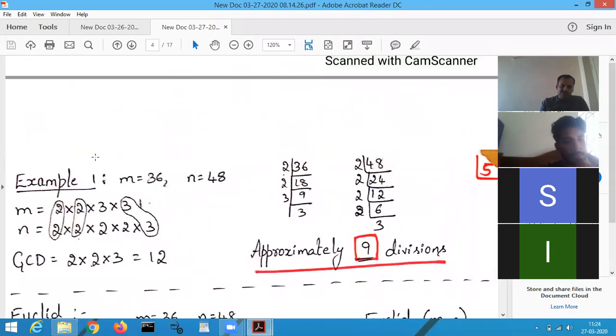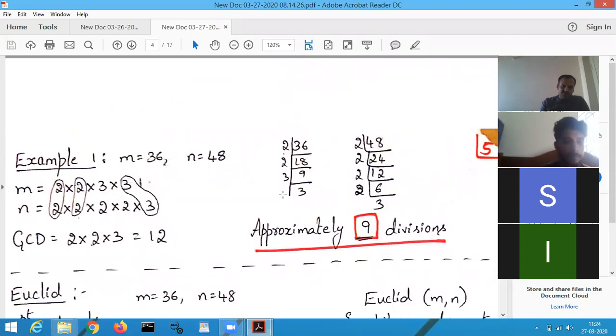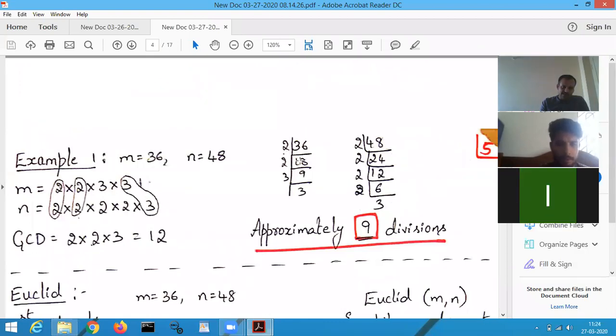If I take the school level algorithm, to find the prime factors for m equal to 36 and n equal to 48, first I need to divide 36 by 2: 2 18s are 36, 2 9s are 18, 3 3s are 9. Here approximately I am doing 4 divisions.